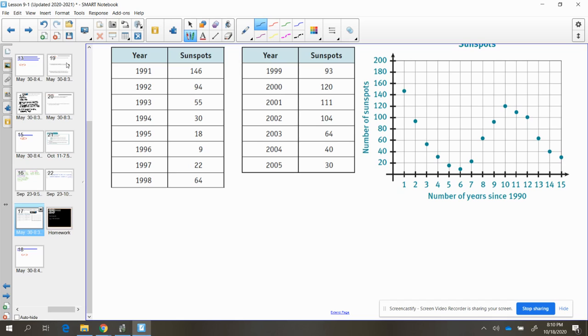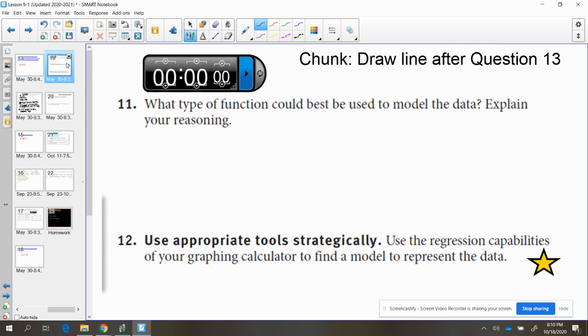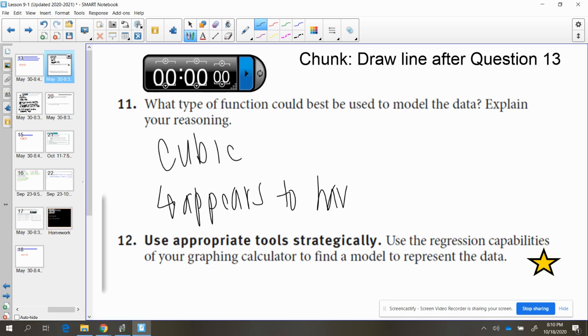In fact, what you probably end up seeing is that a cubic function is going to be our best way to model this. And the reason being is because our data appears to have 2 turning points.